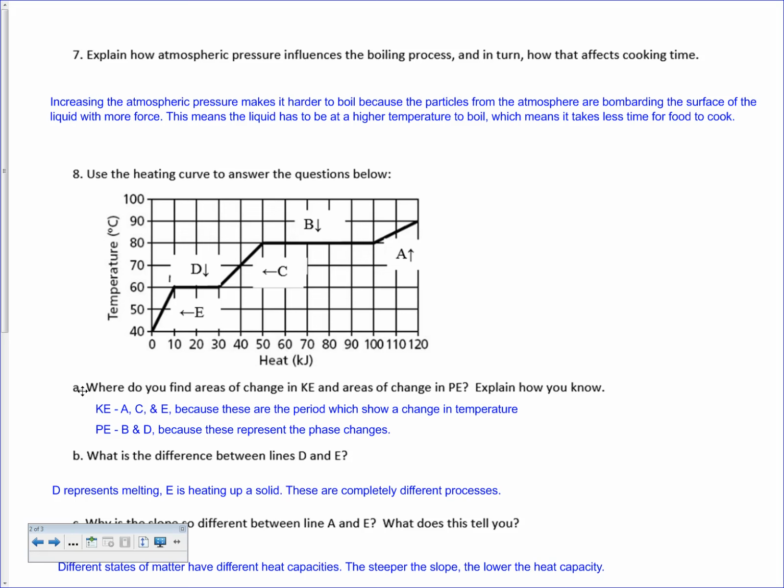As it's trying to boil, if there are more particles hitting harder into the surface of the liquid, it's harder for it to boil, so we have to get it up to a higher temperature for it to boil. If that's the case, then things would cook faster. The opposite case is what we talked about in Colorado, where air pressure is very low, so things boil easily at a low temperature, and then it takes longer to cook them because they're boiling at that low temperature. So that's how that works.